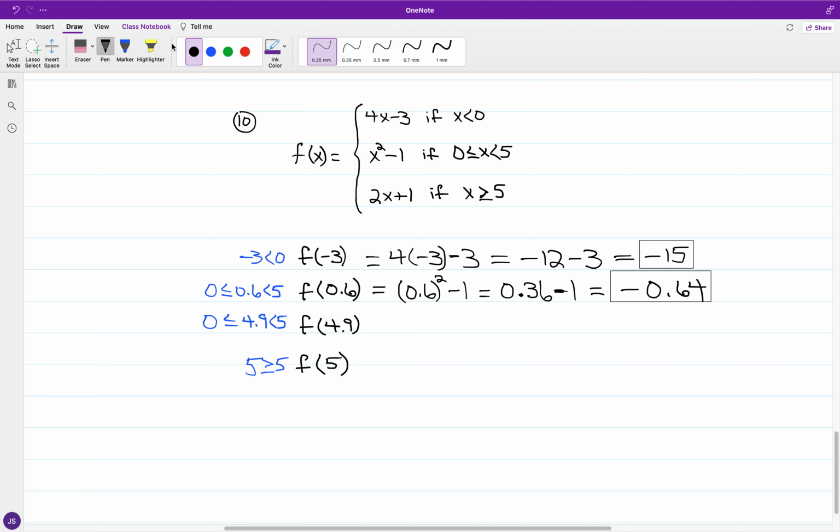Now for f of 4.9, again, that is also going to receive the square of the input minus 1 treatment. So you got 4.9 squared, which is 24.01, and taking 1 away, the corresponding y value is going to be 23.01.